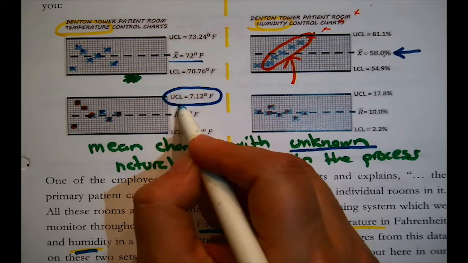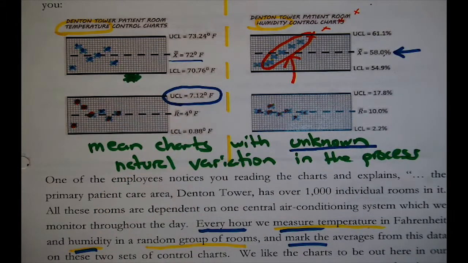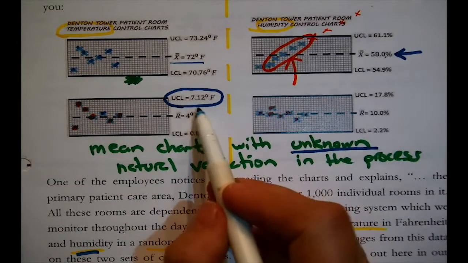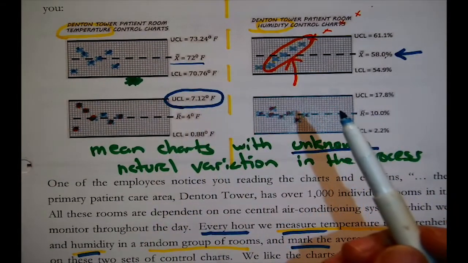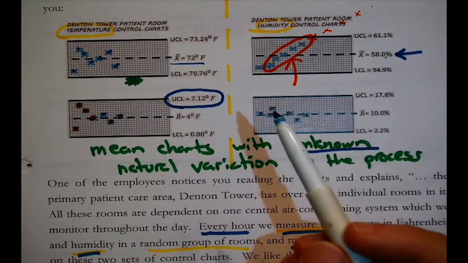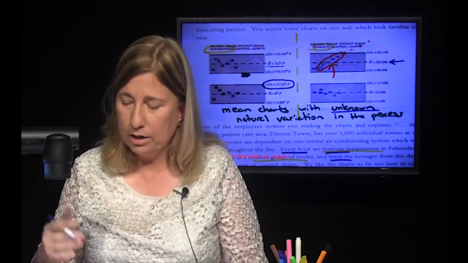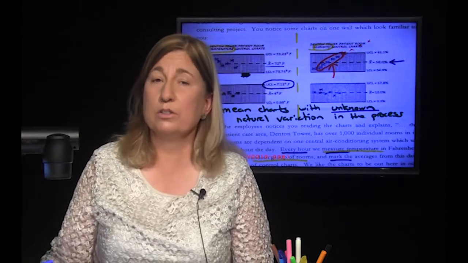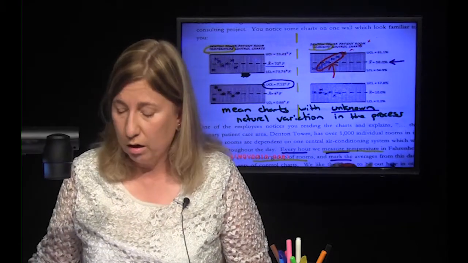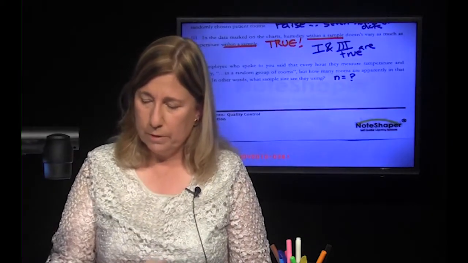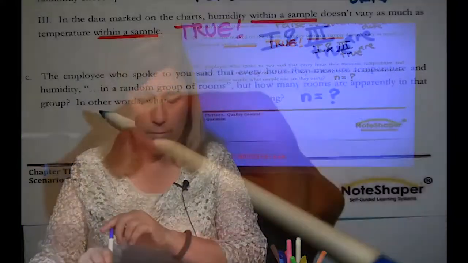Just to pick one, I happen to pick the upper control limit on the temperature chart. I am going to take it apart. How did they get that number? And in doing that, that'll actually reveal to me apparently how many rooms are in their sample. Now, I said you could use any of them.